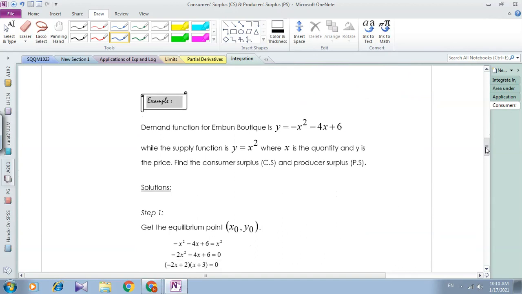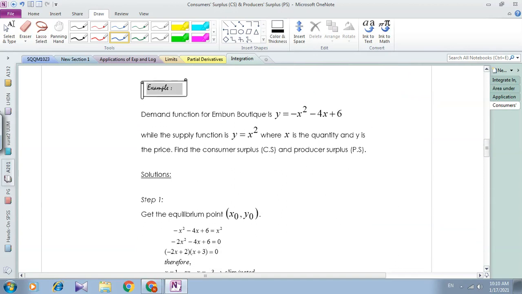Now let's look at this example. You are given the demand function. How do you know that this is a demand function? Since A is -1, which is negative, we are dealing with a frowning graph, and the frowning graph is the demand graph.